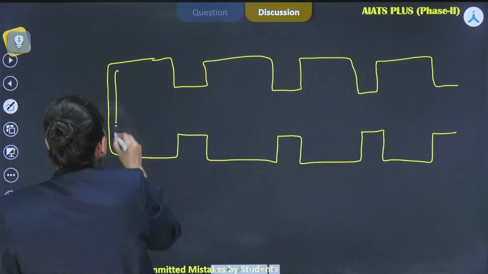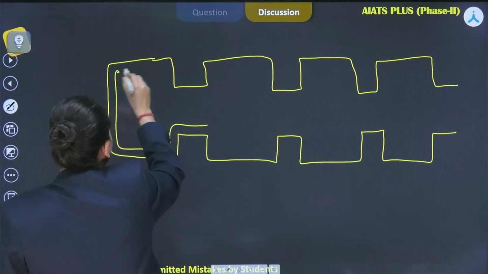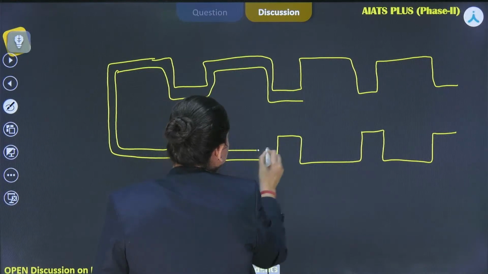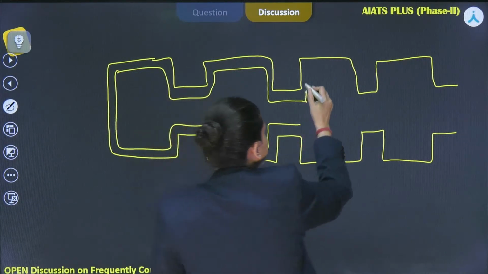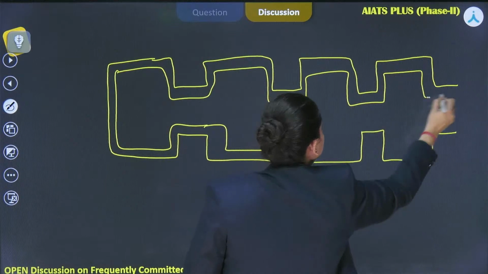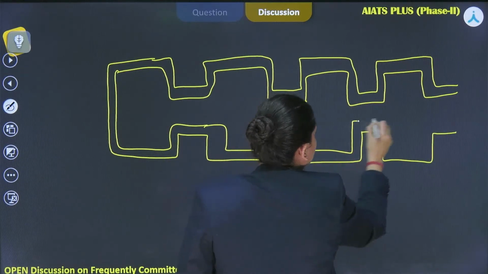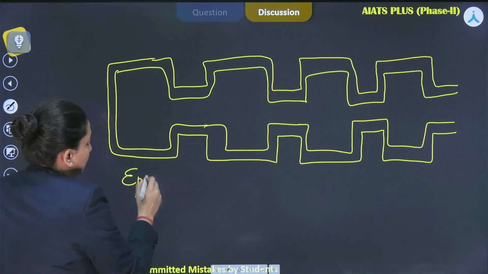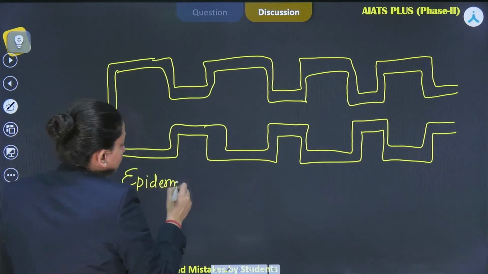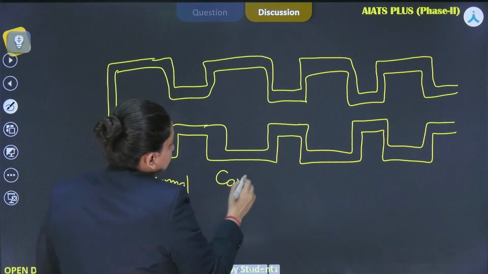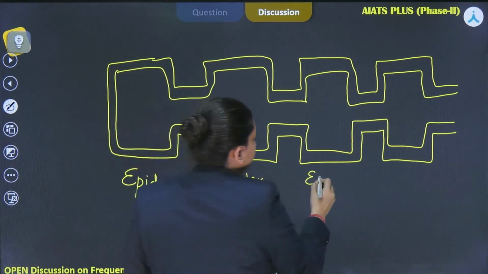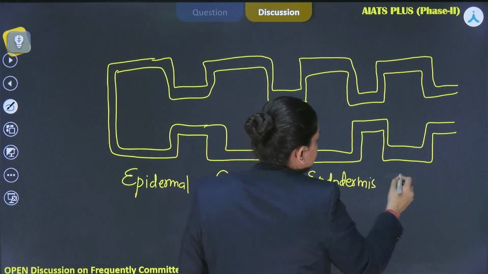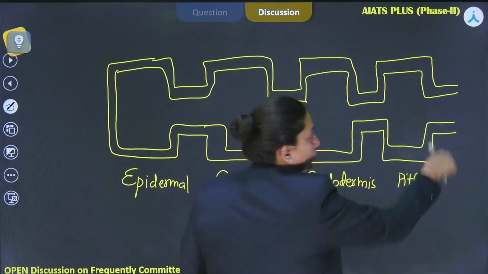So these are the cell wall regions, and then we have the internal living components present here. So this is the epidermal system, this is the cortex, the endodermis, and this is the pith region, and finally it is going to xylem, right?